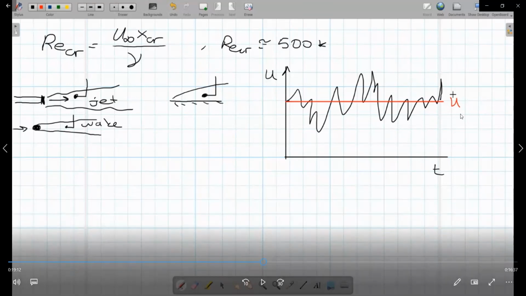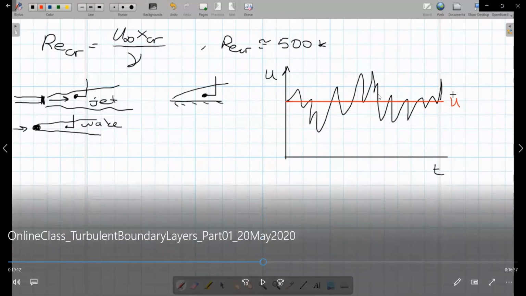Of course, these arguments are not valid when it's a laminar case. In the laminar case, there are no velocity fluctuations, and the average and the instantaneous flow are the same. So in laminar flow, these prime values are basically zero.